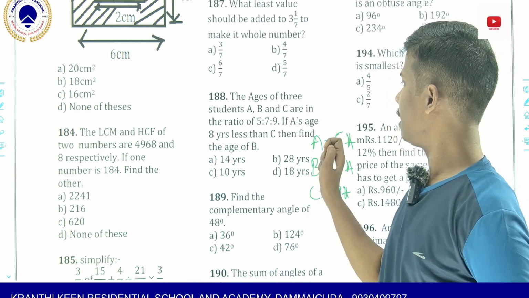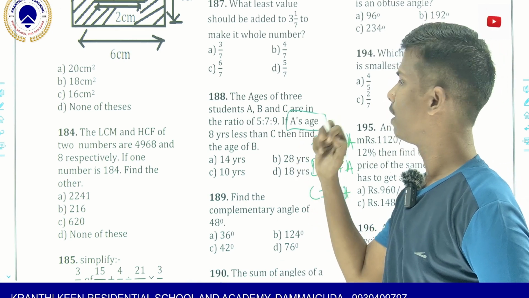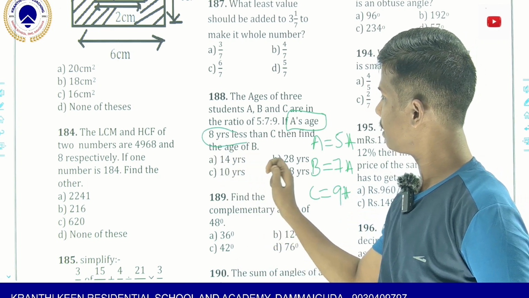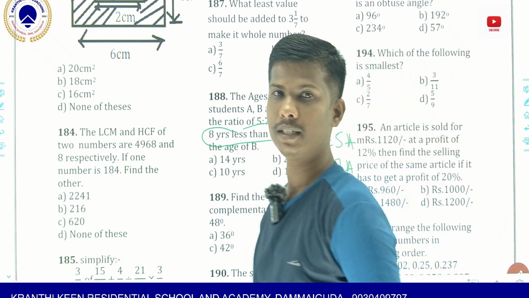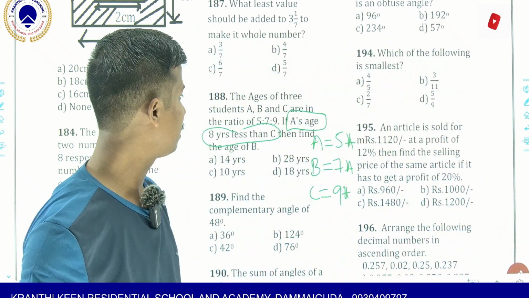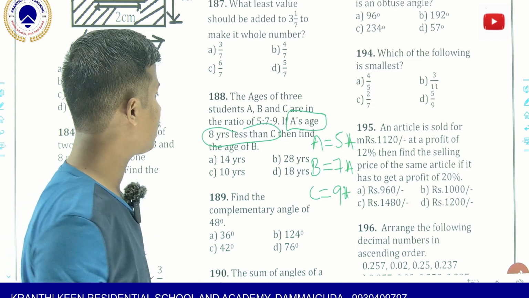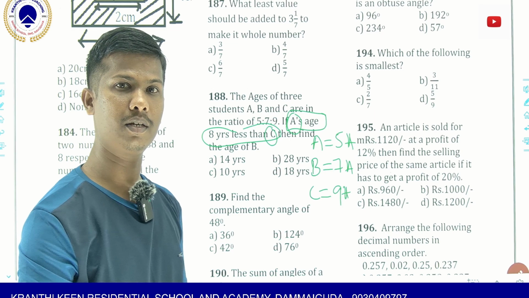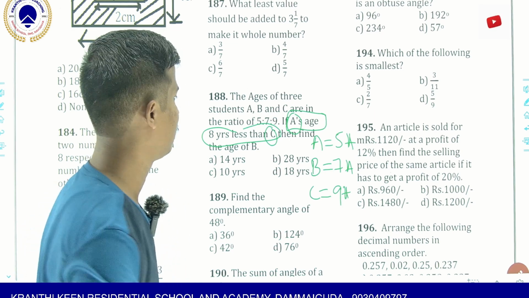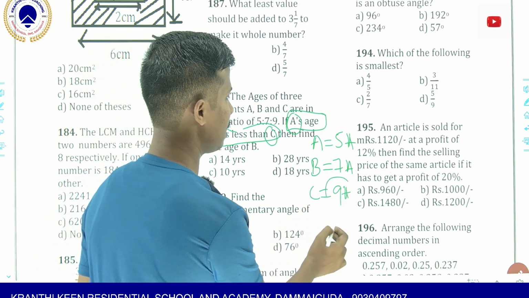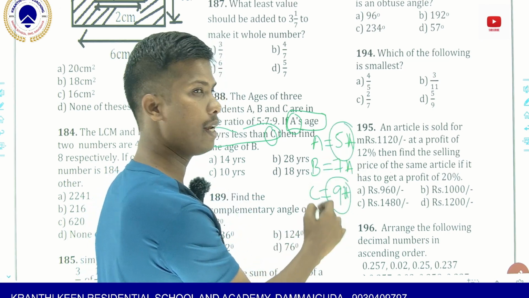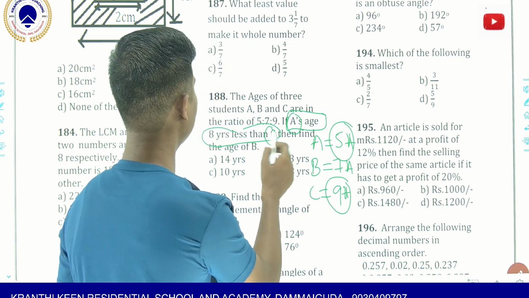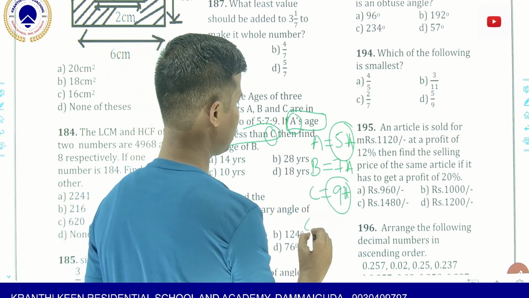And if A's age is 8 years less than C, that means if you subtract A's age from C's age, you have to get 8. 9x minus 5x, how much? 4x.